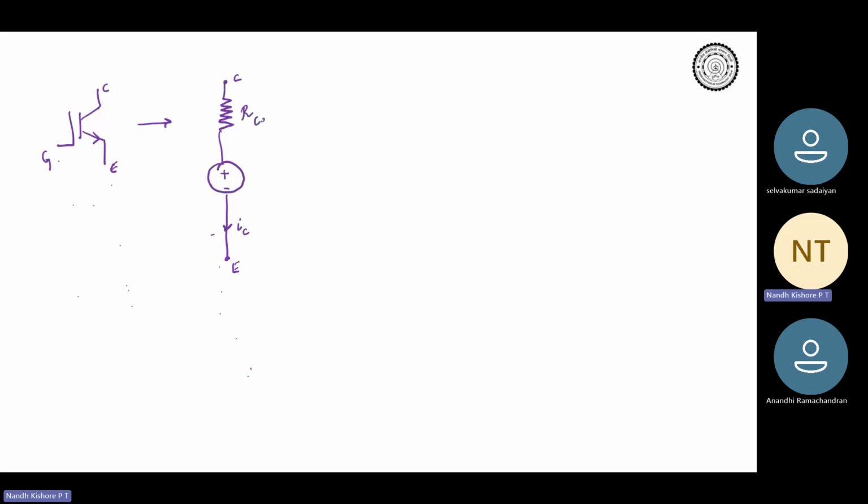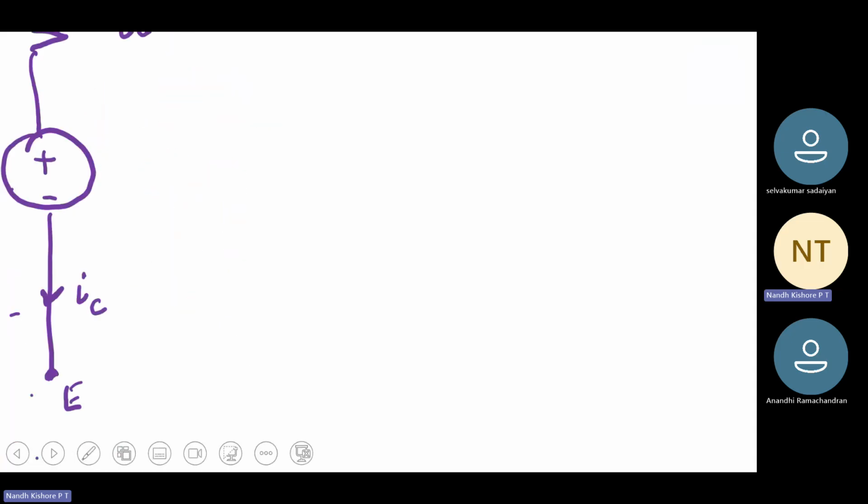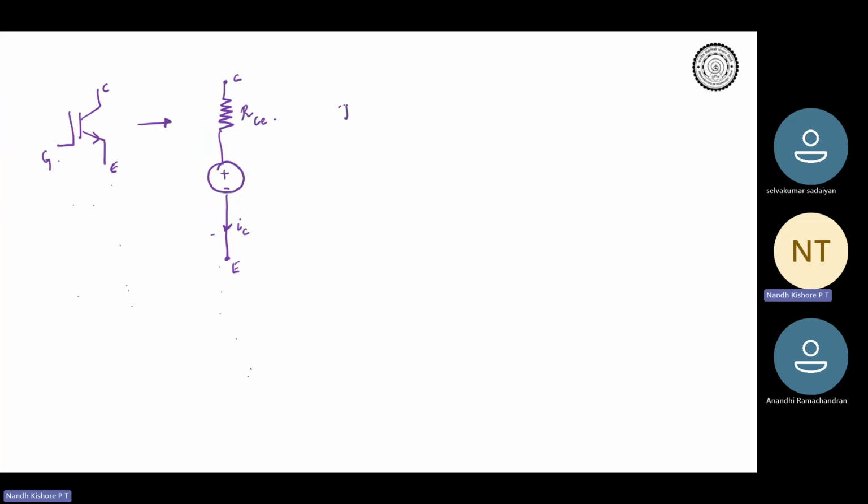This is your RCE. Can you tell me what will be the loss? So what will be PCE, the power collector to emitter? IC is the collector current. So what will be the loss?